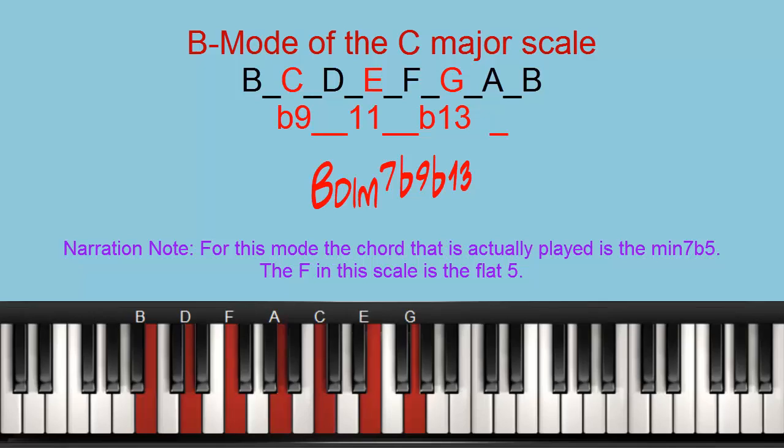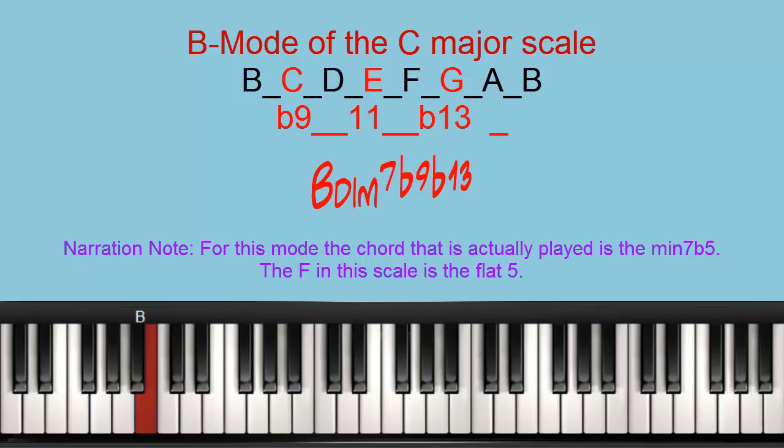Primarily this E, this 11, because what you actually have is a B minor 7 flat 5 chord, which is this is your B normal, this is your B minor, and because you're not double flatting the 7th, you basically have a minor 7 chord with a flatted 5.